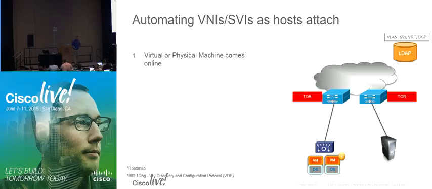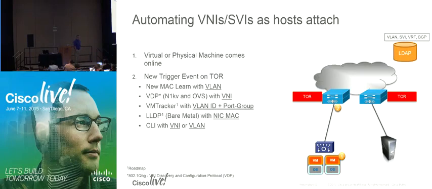So I have new virtual machines coming online, and this is what we call a bottom-up trigger. A new virtual machine comes online and triggers the switch with certain different protocols or methods, giving it additional information. As you can see, we're using things like a new MAC learn or LLDP, or VM tracker integration, or maybe just a CLI.